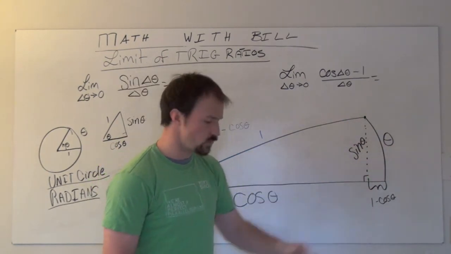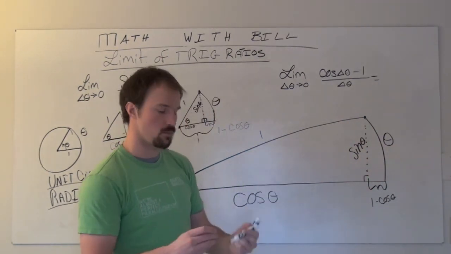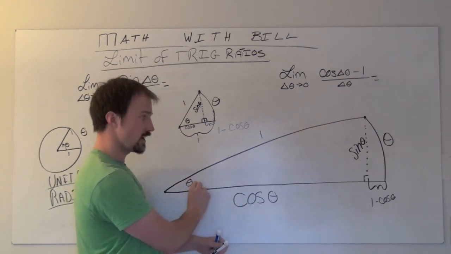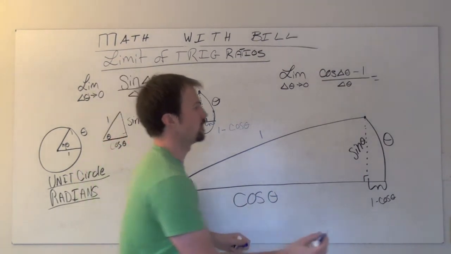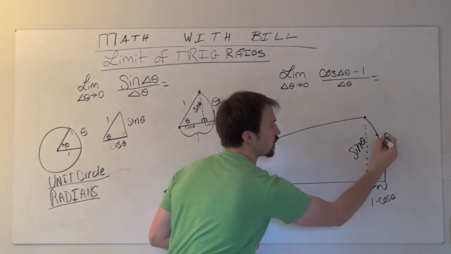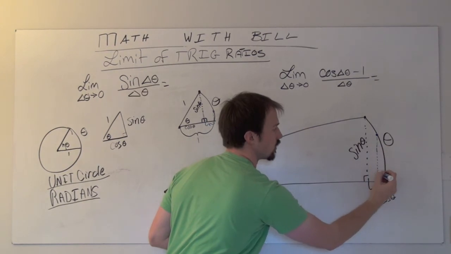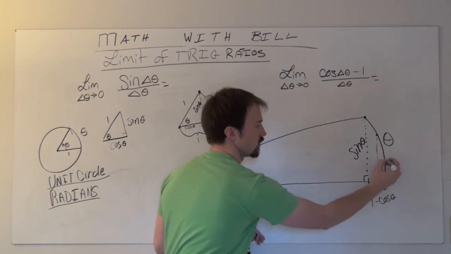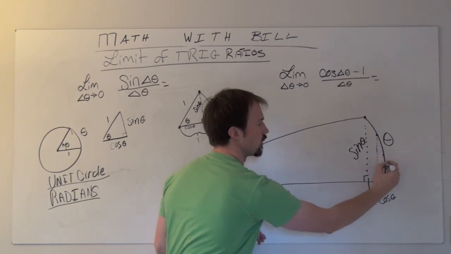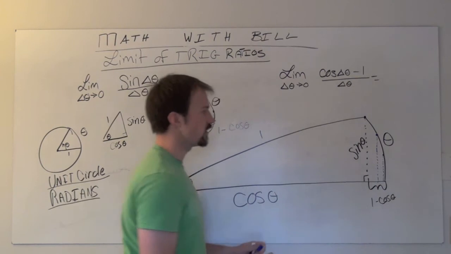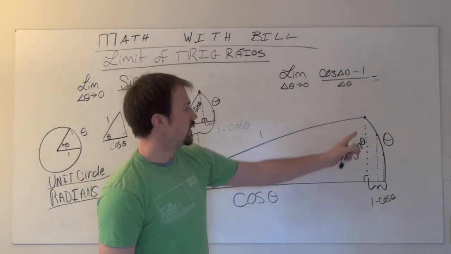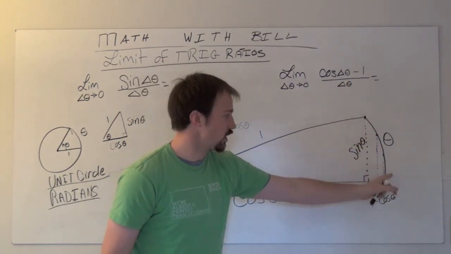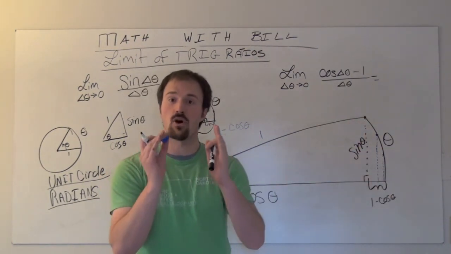As we become closer and closer to 0 on this angle out here, what happens is that we have an approaching sine value. As we get closer to a 0 degree angle, hopefully you can see that the difference between the vertical line and the arc is becoming smaller.